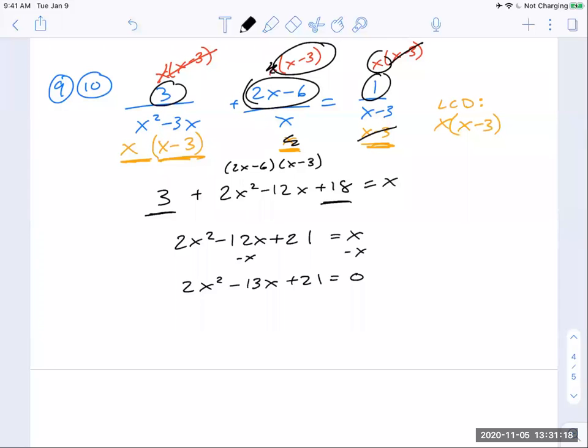Let's factor that. If you did the super x, what do I get? X minus 11 times x minus 2.